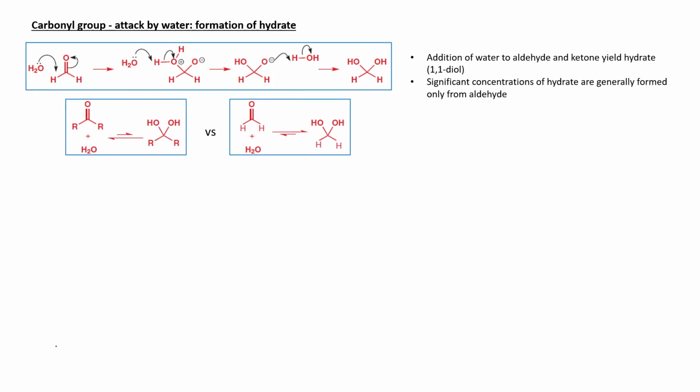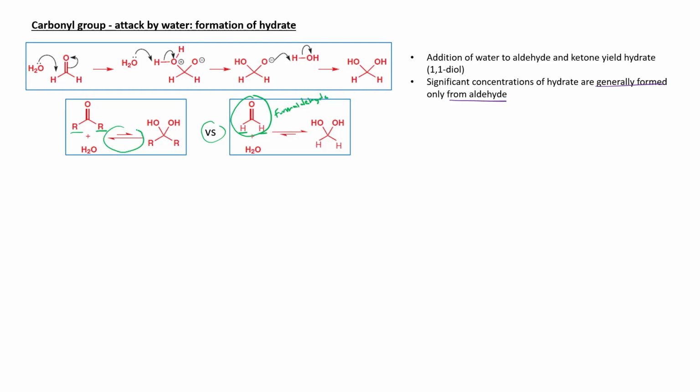Significant concentrations of hydrate are generally formed only from aldehydes. If you look at this, this is a ketone, and this is an aldehyde. This is basically formaldehyde, because we already know there are hydrogens.